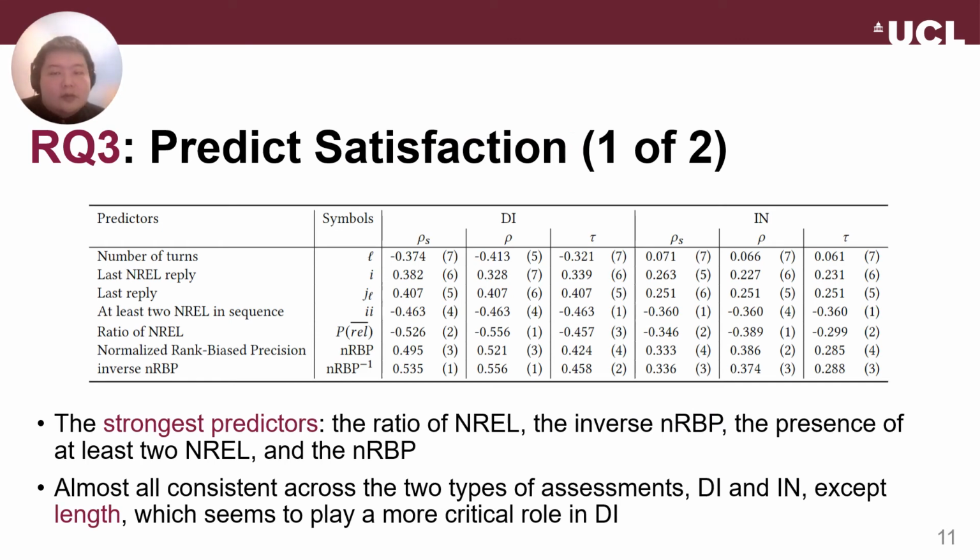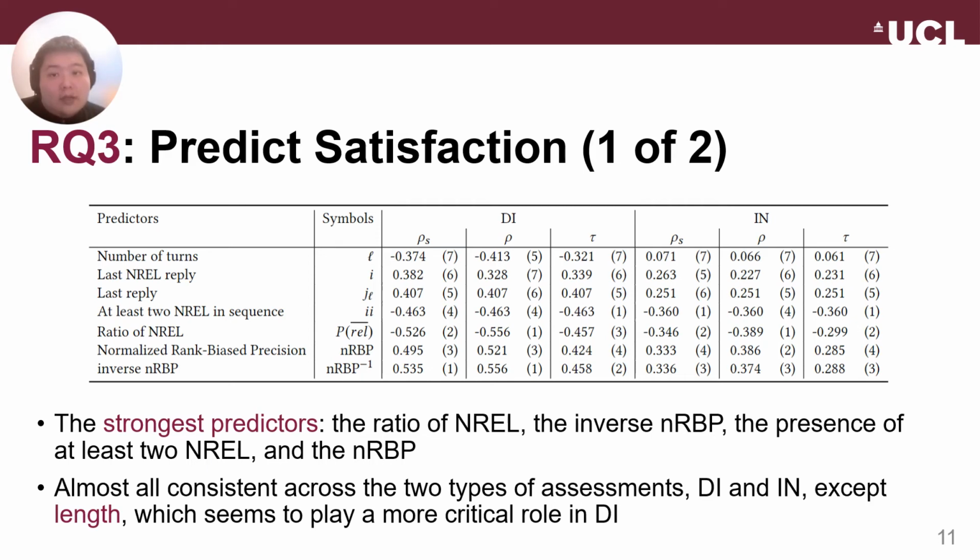To answer research question 3, we picked 7 different predictors shown in the table. They are the number of turns, the last non-relevant reply, the last reply, at least 2 non-relevant replies in sequence, the ratio of non-relevant replies, normalized rank-biased precision, also known as NRBP, and the inverse NRBP.